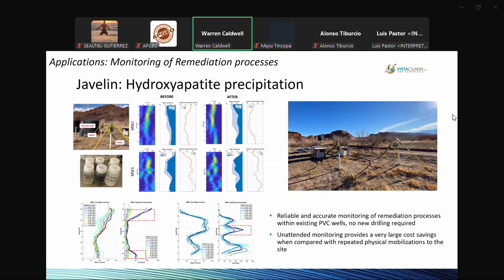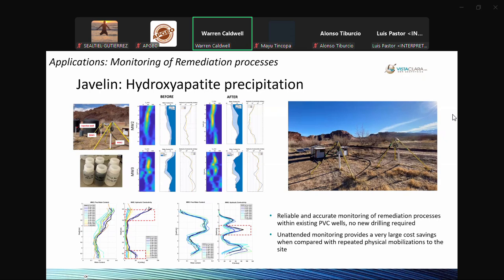So this was an experiment undertaken by one of our national labs for the Department of Energy to precipitate this hydroxyapatite material that would impede groundwater flow.